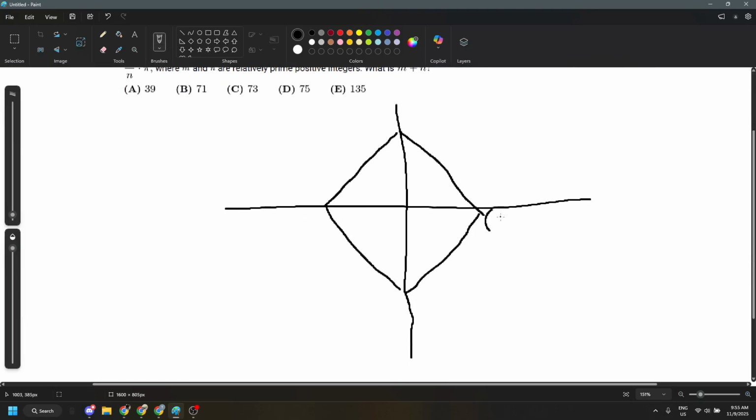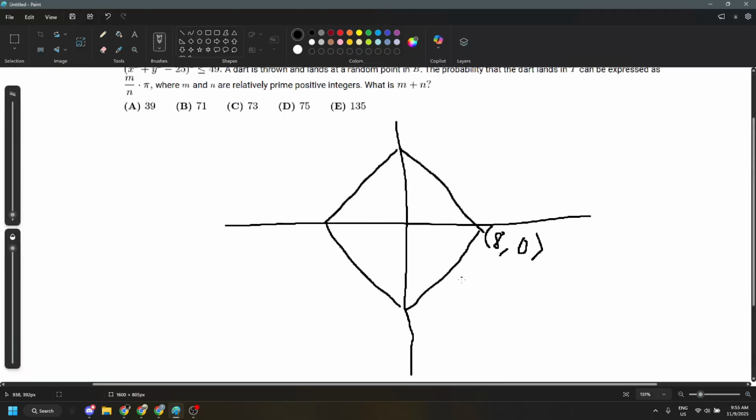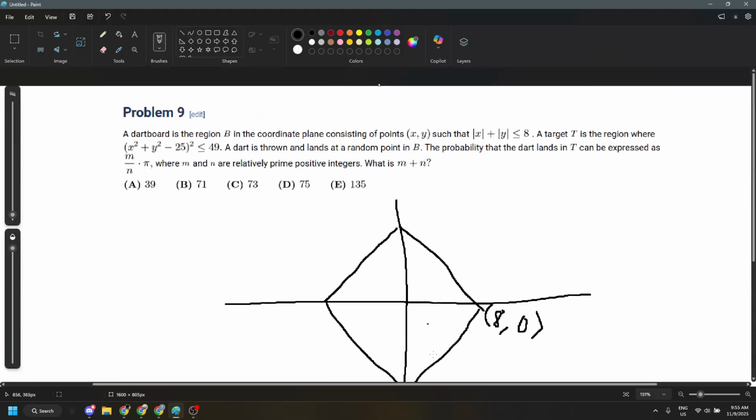And this is going to be (8, 0). Because if you have x plus y less than 8, I believe it's going to be this one, and then you have to make x negative and y negative and make all these combinations, and it makes this. So this is the shape.